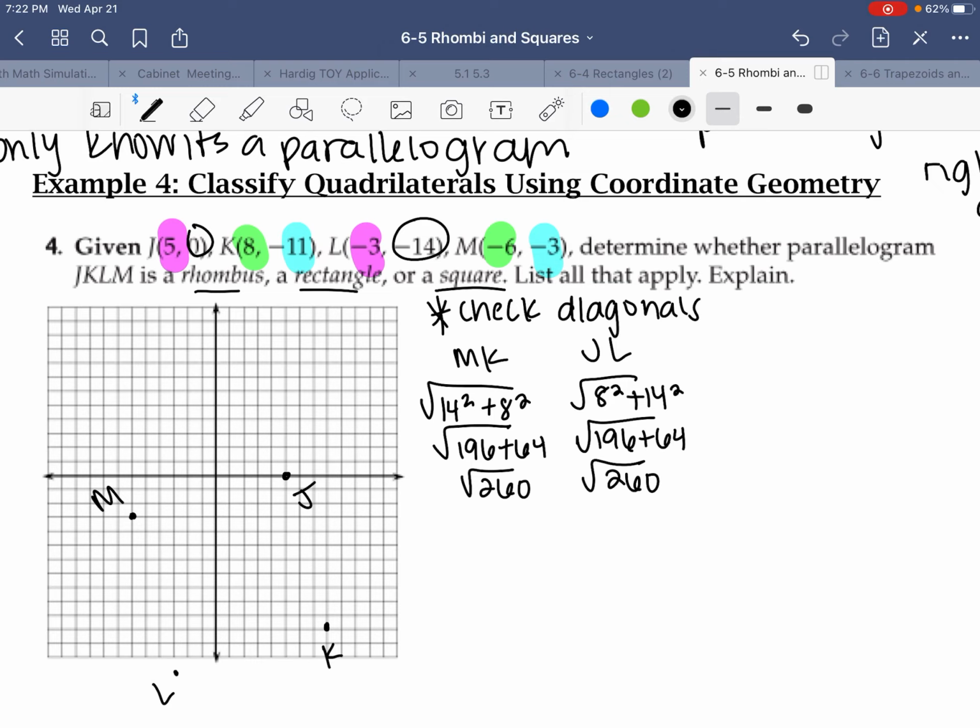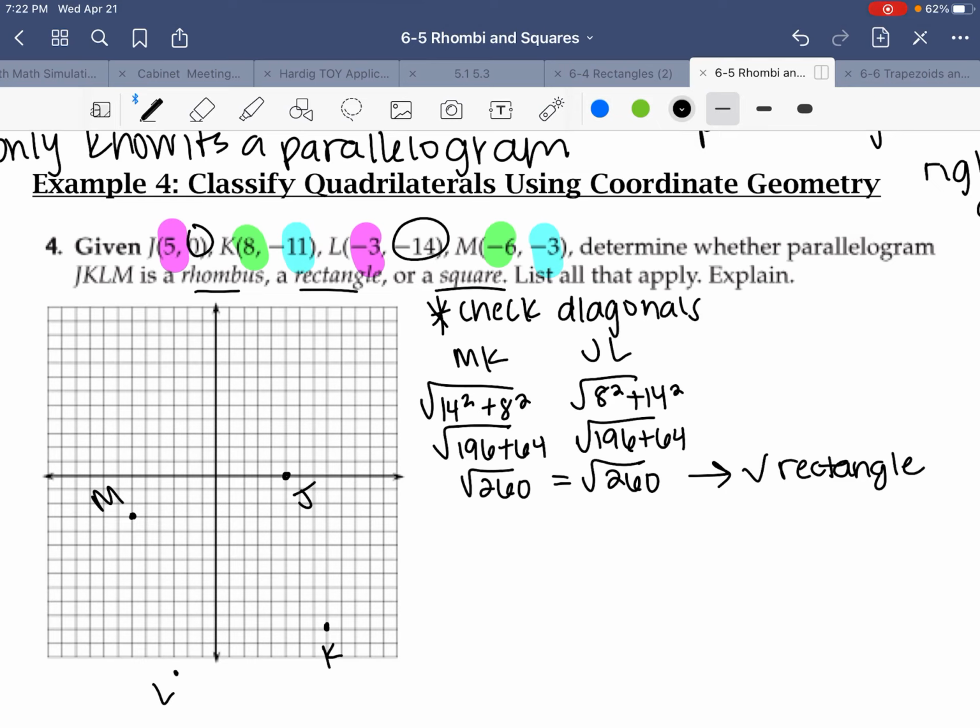Because those diagonals are equivalent, we know it's a rectangle. Now let's see if it's actually a rhombus. We know those diagonals are congruent. Now let's see if they intersect at a 90-degree angle.